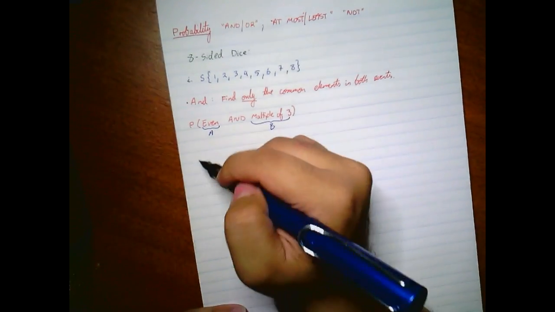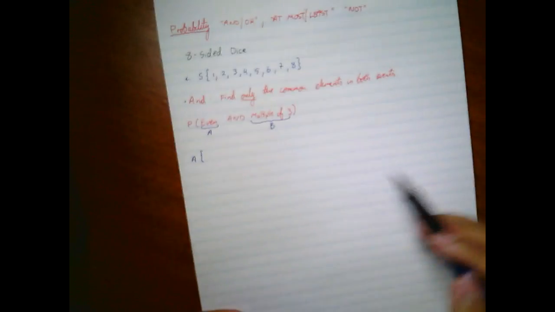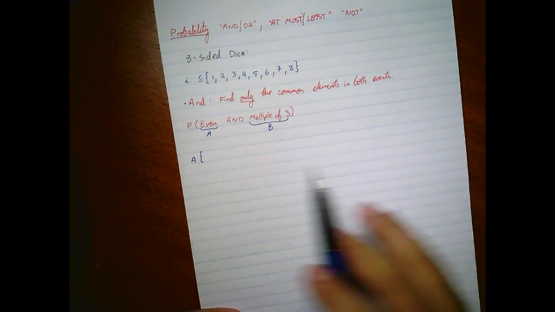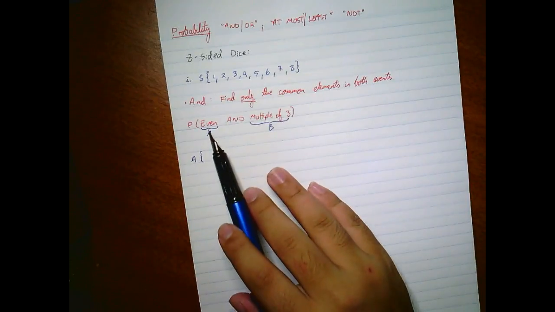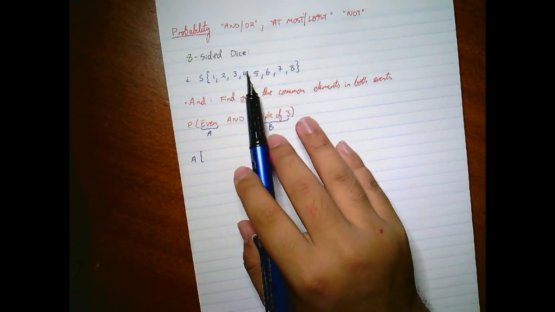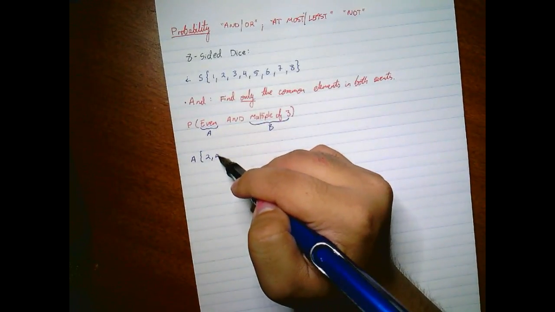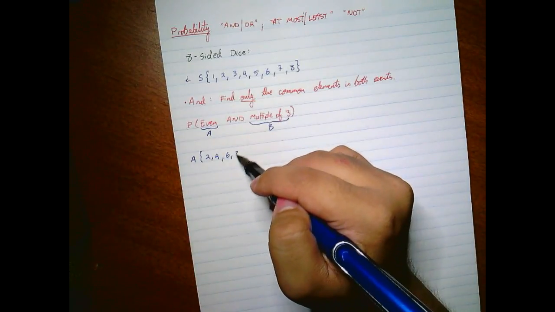Okay, so we'll start with group A. What numbers belong in group A? If they want to be even, well then it has to be 2, 4, 6, or 8.